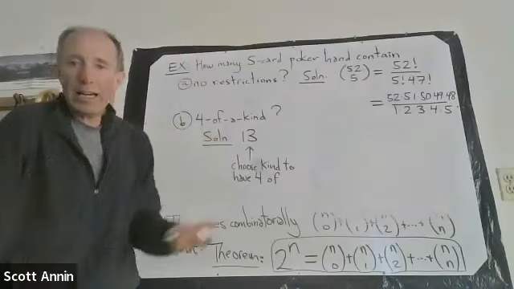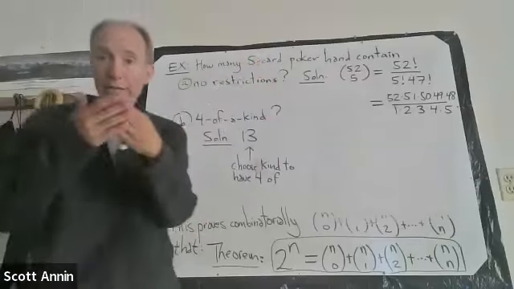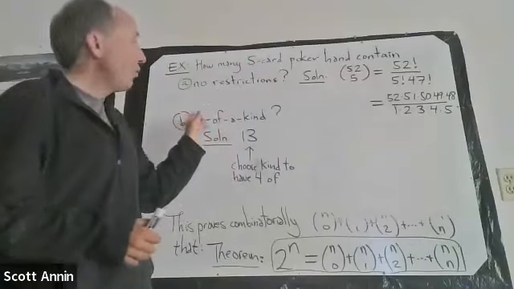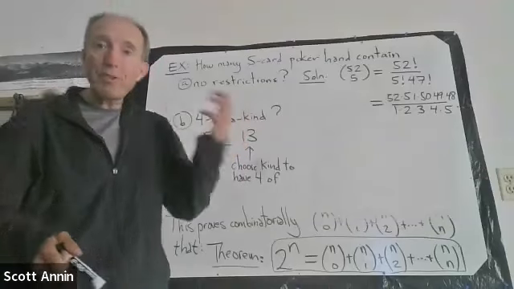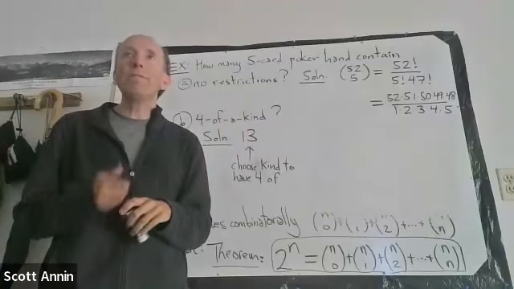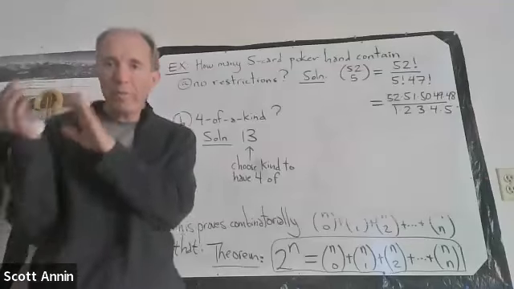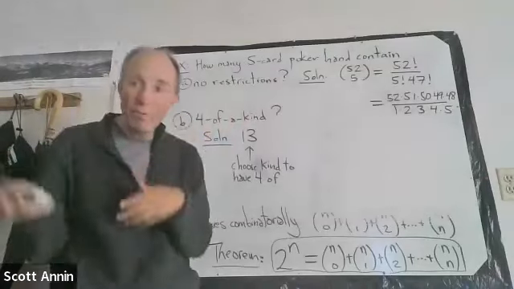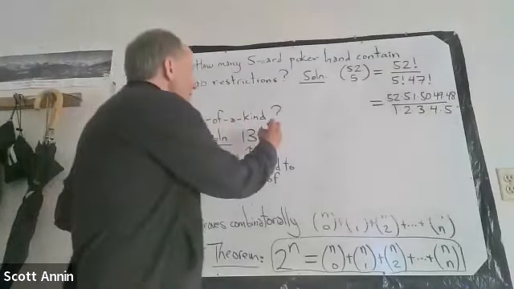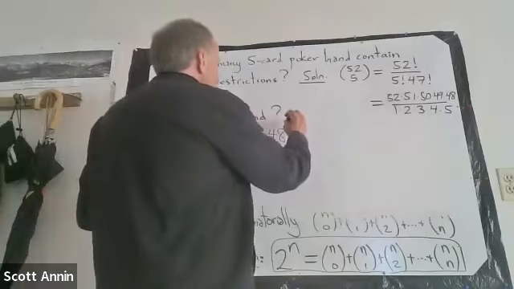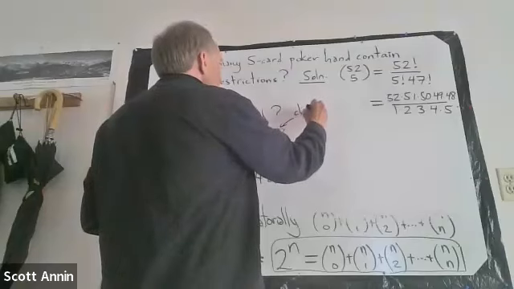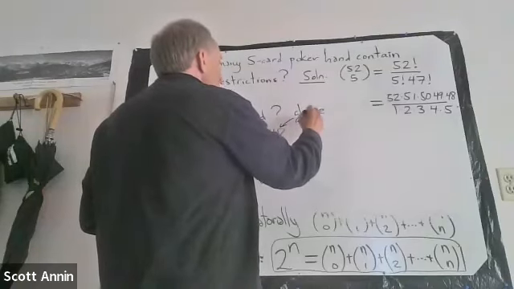So a 4 of a kind hand, remember there's 5 cards in total in your hand. You're choosing 4 that are all of the same kind. Maybe you chose all 4 aces. And after you've made that choice, there are only 48 other cards left, right? You started with 52, but you're getting rid of the 4 aces. And now you just have 48. Any other card will do, right? So this would just be choose another card.